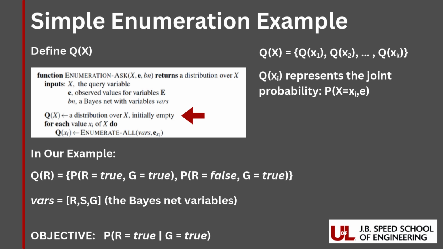In our case, it's going to be the probability that it rained, and then it could either be true or false, given the evidence variable that we're given, and so that's that the grass is wet, which is true. So we can find Q of R as follows, and then our BayesNet variables are simply the variables that were given in this problem: that it rains, that the sprinklers went off, and that the grass is wet.